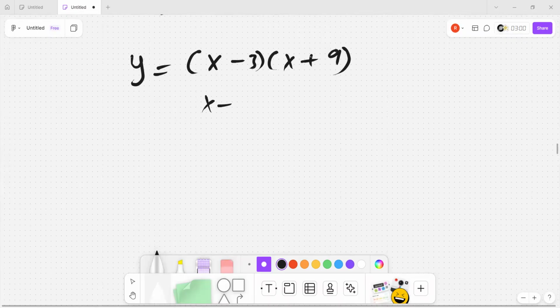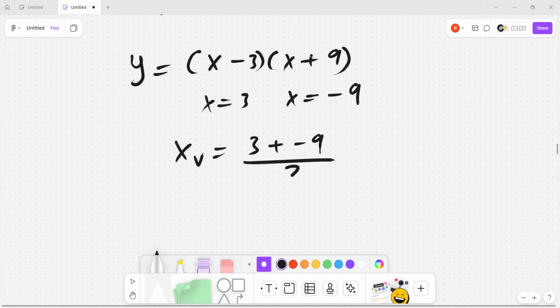So x will be 3, and x will be negative 9. To find the x-vertex, all you have to do is take the average of the two x-intercepts. After finding the x-vertex, you substitute it here to find the y-vertex. That's it.